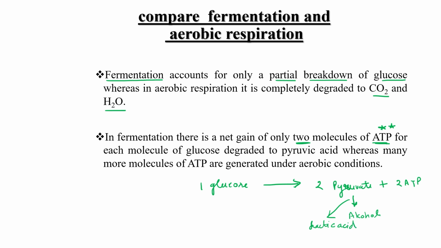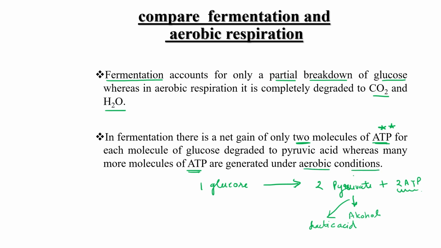That's why, there are 6 bonds in a glucose molecule, and only one bond is broken down. So very little energy, only 2 molecules of ATP, has been generated. Glucose is degraded into pyruvic acid, whereas many more molecules of ATP are generated under aerobic conditions. Why?